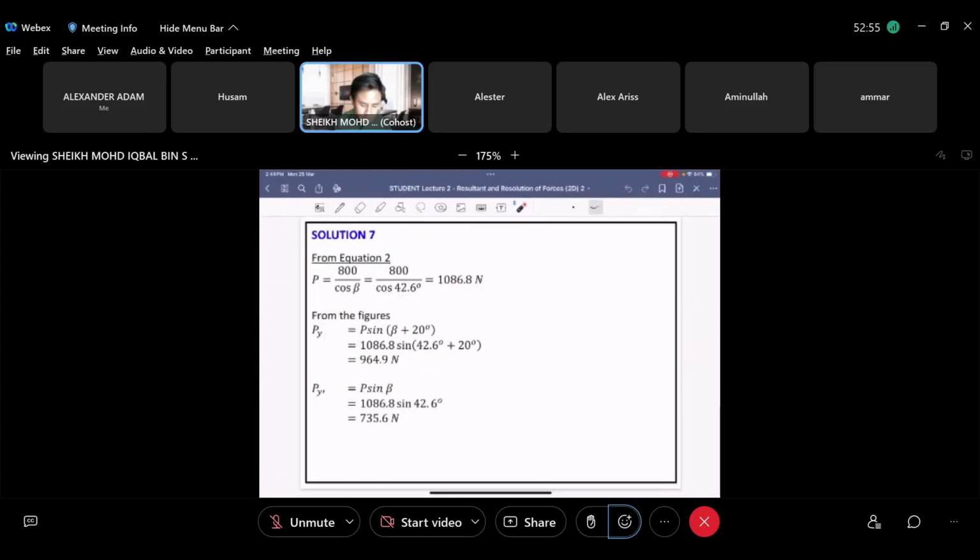So once you put it back, you will have your Py in the original y-axis, 964.9 Newton, and Py prime, which is 735.6 Newton, right? So now you have answered the question. We have already found the magnitude of P in the y direction and the magnitude of P in the y prime direction.